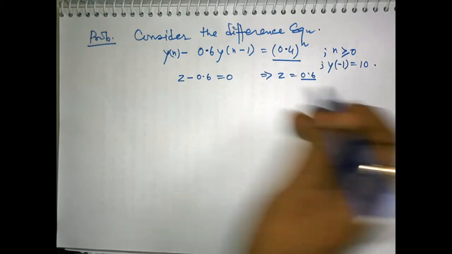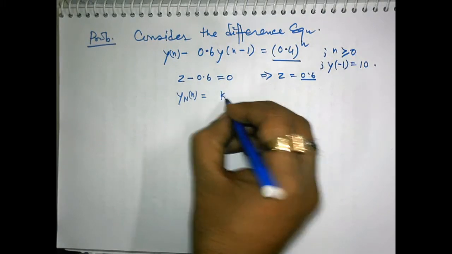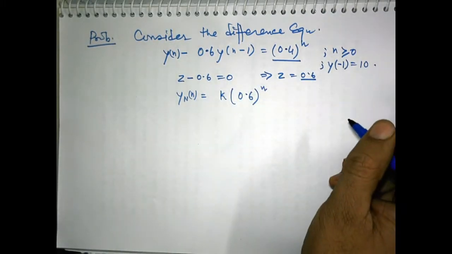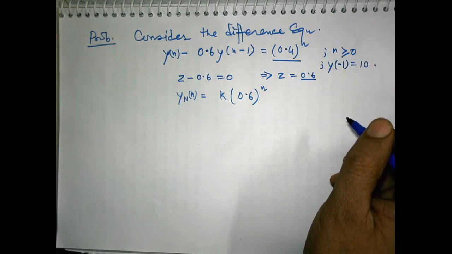So what will be the form of natural response? The general form of natural response, y n n, is equal to k 0.6 to the power n. So if this is y n n, what will be your zero input response?